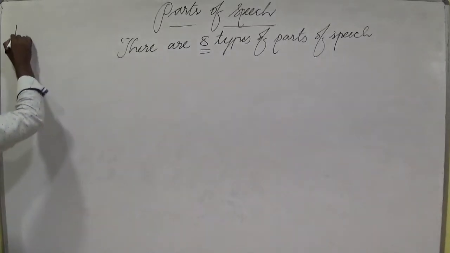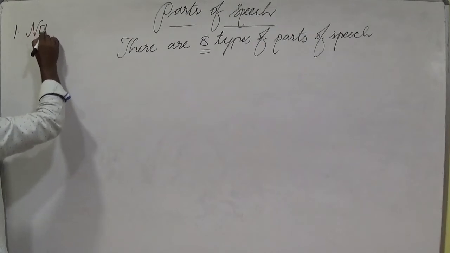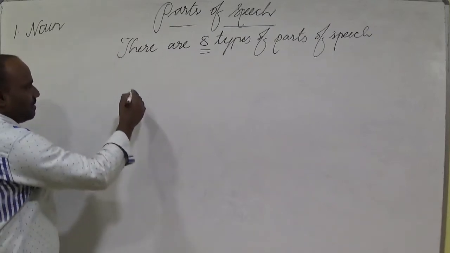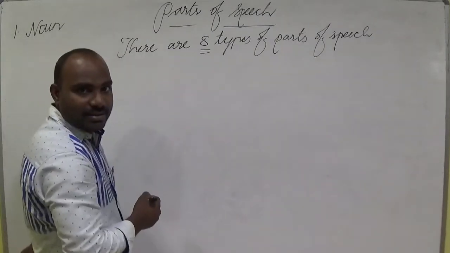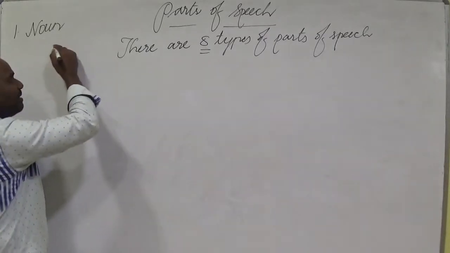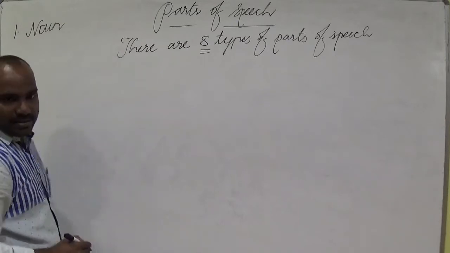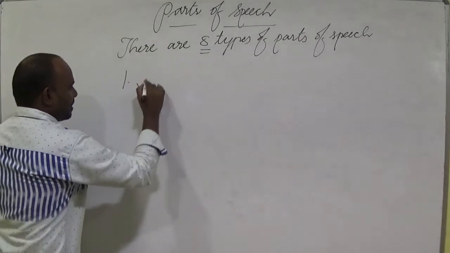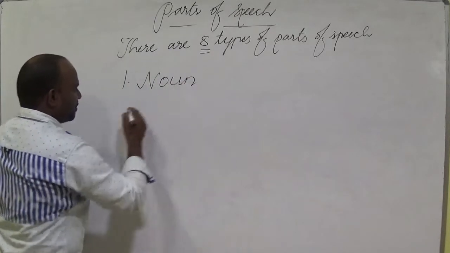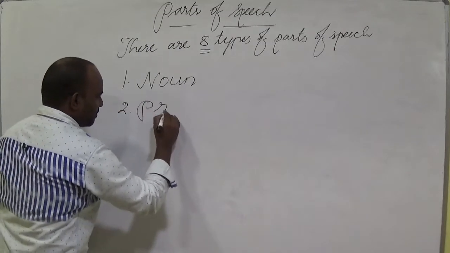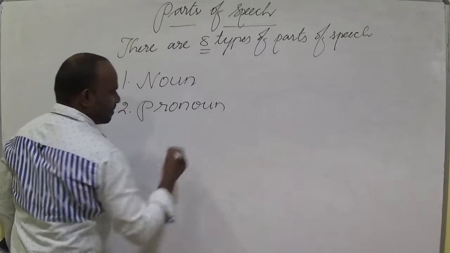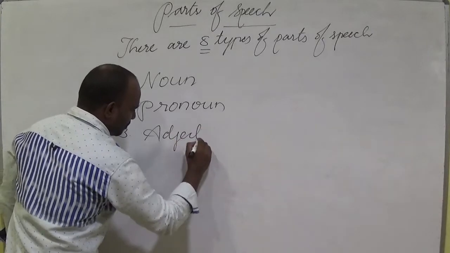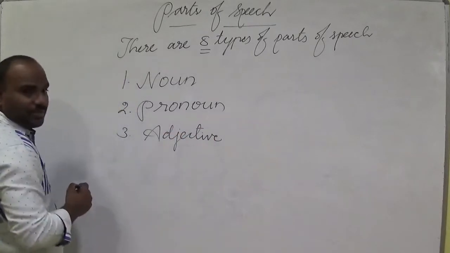The first one here, noun. I think you can't see. Okay, the first one, noun. And I'll write here. The first one, noun. Second one, pronoun. Third one, adjective.